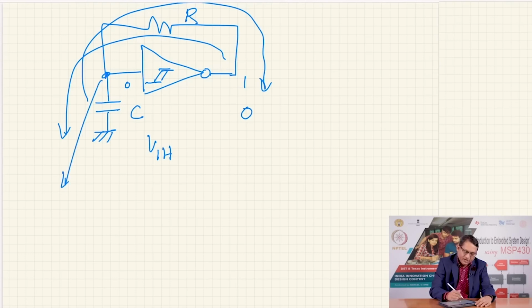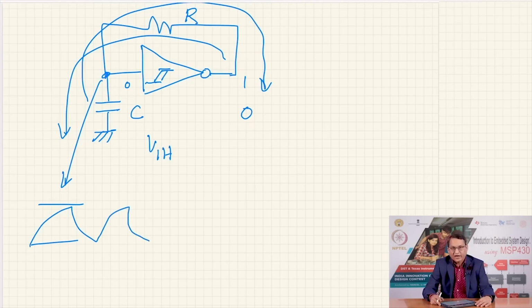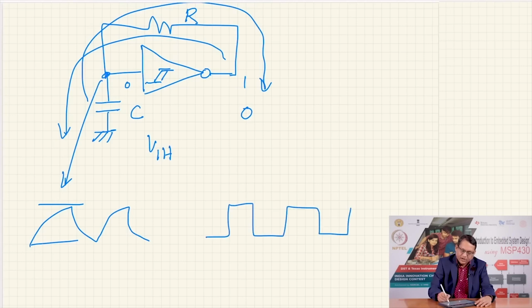If you see the waveform here, between two thresholds you would see the waveform on the capacitor going like this, and the output would be a rectangular waveform, and the frequency will be determined by the R and C.